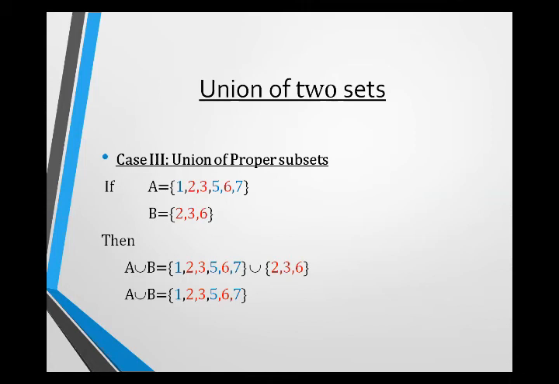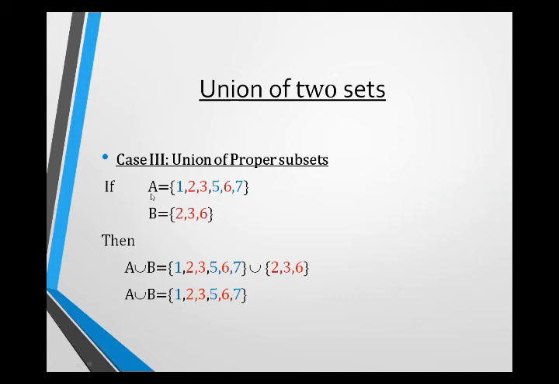Here students, as you see, A is a superset of set B and B is a proper subset of set A. It means that no other element is different from A, but all the elements belong to set A. So set B is a proper subset of set A.